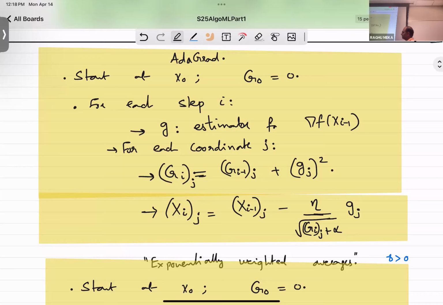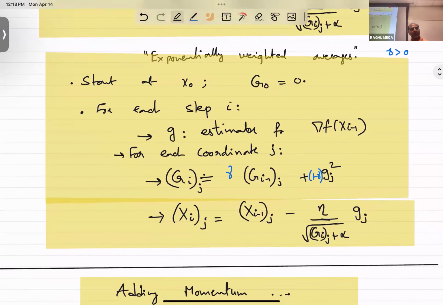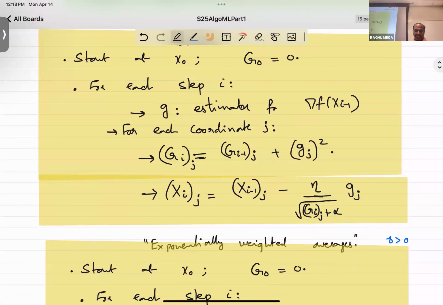So over time it does. In fact, that's the reason why we are changing it here. Not necessarily. Maybe another way to think about it is we expect to take bigger steps in the beginning.